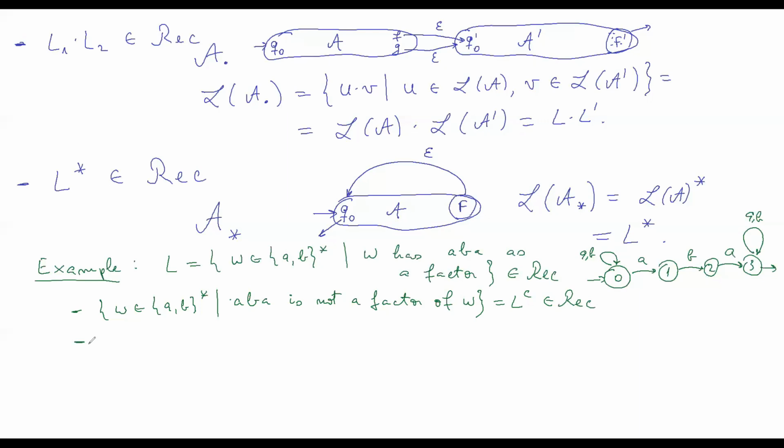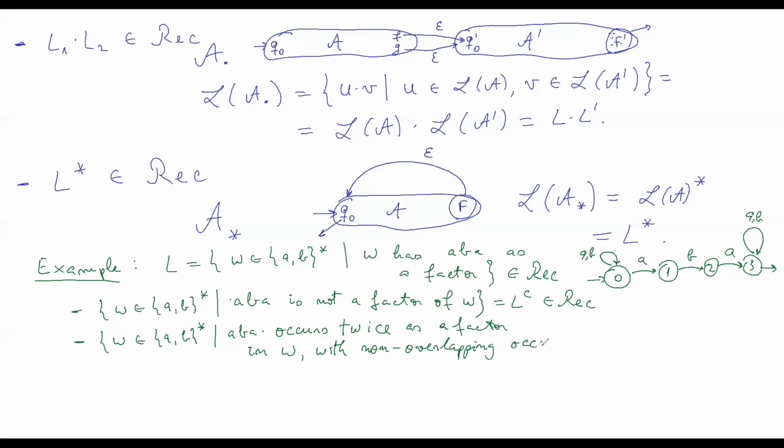But here is another one. If I say, I just want all the words in AB star in such a way that ABA occurs twice as a factor in W, with non-overlapping occurrences.